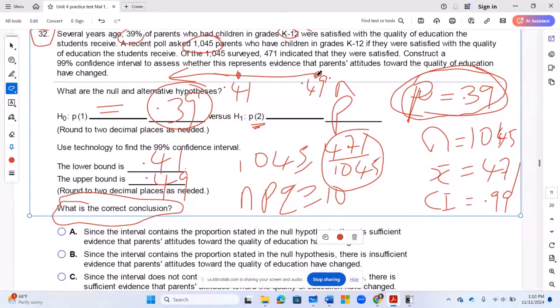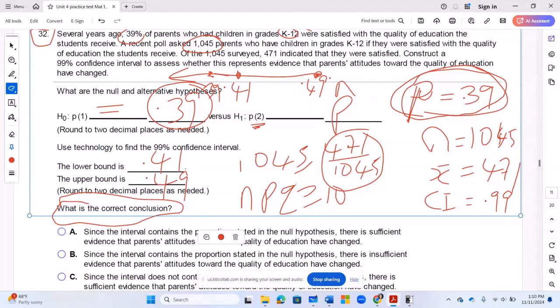Yes, it's not contained because actually the point estimate 0.39 is outside. I mean, what we are contesting is outside the interval, below the lower bound.